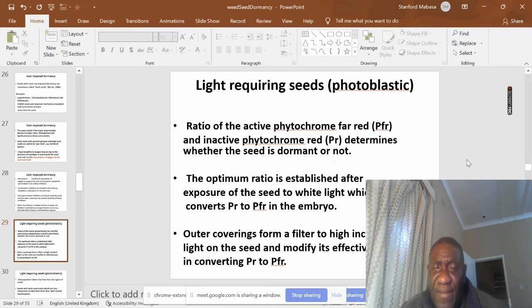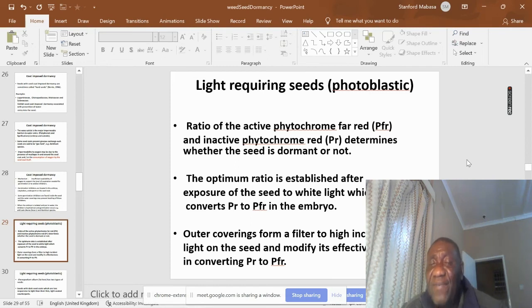The outer coverings form a filter to high incident light on the seed, and actually modify its effectiveness in converting it from PR to PFR.